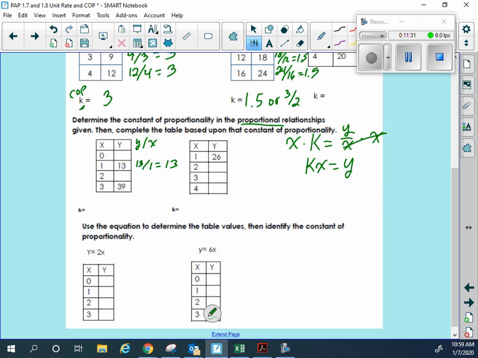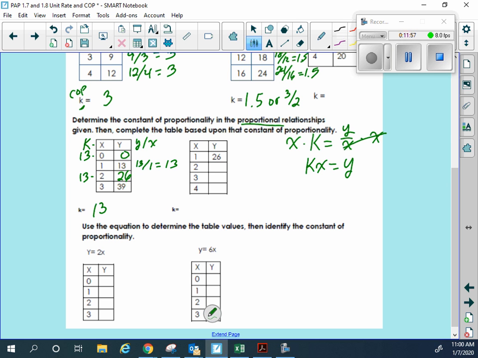Okay, so now over here, I'm just going to take my x and multiply by k. The k is 13, so 0 times 13 is 0. 2 times 13 is 26. 3 times 13 is 39. That's why it worked. Did everybody see how we did that? Okay. The k is 13.